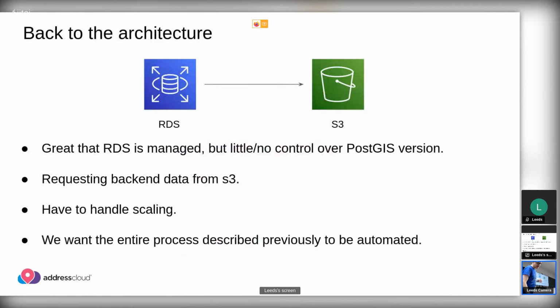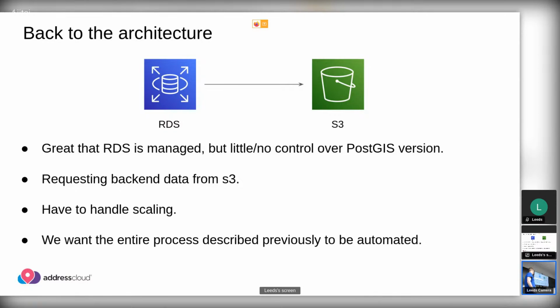Which is great. So if we look at the architecture again, I said this is a perfectly viable way of managing this data. However, and it's great that RDS is managed, it takes some of the headache out of the development process, but there's little or no control over the PostGIS version that might be in the RDS instance.